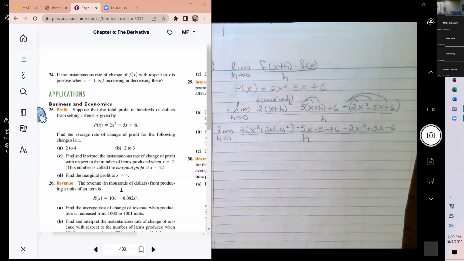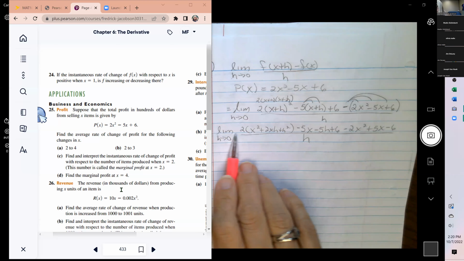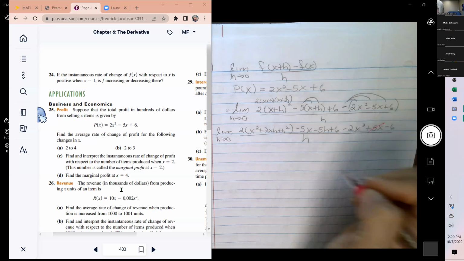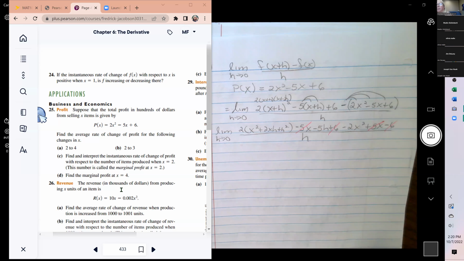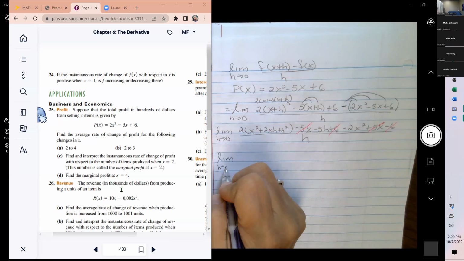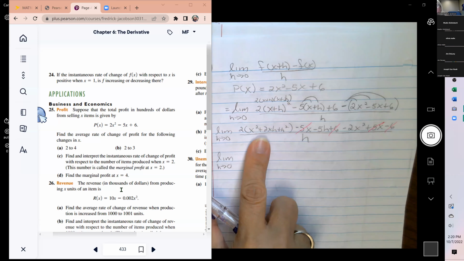Any questions so far? I'm going to distribute the 2 because more will cancel, so there's less to write. The 5x's will cancel and the 6. Now, if you can FOIL this and distribute the 2 at the same time, that's fine.